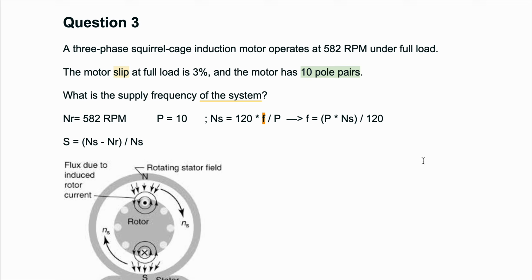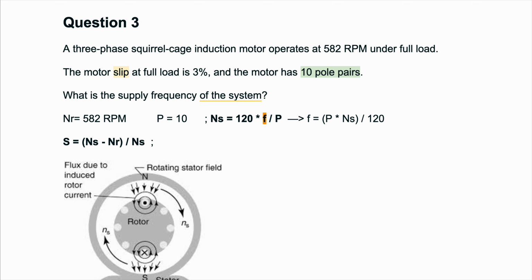So we can get the frequency from this f, and this is the main equation. Let me make it a little bit bigger. You can find these equations in electrical machines or electrical motors documents, books, and boxes.